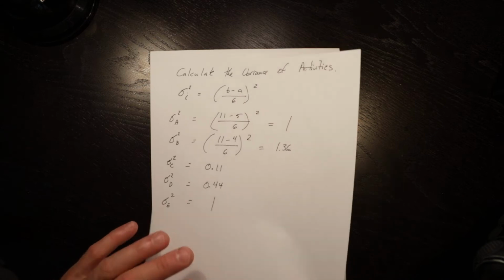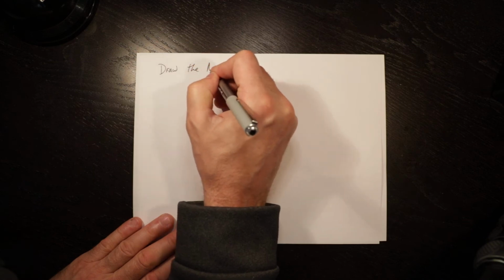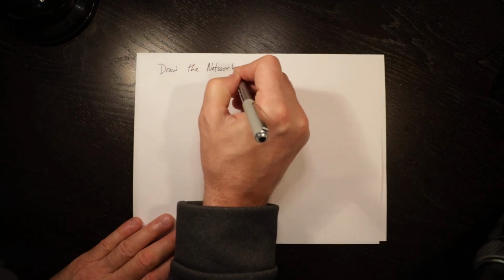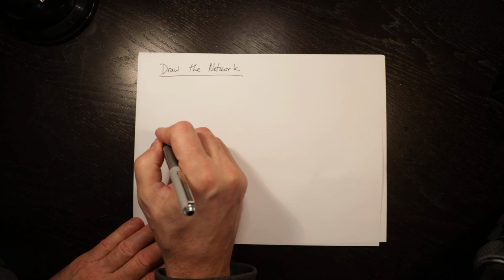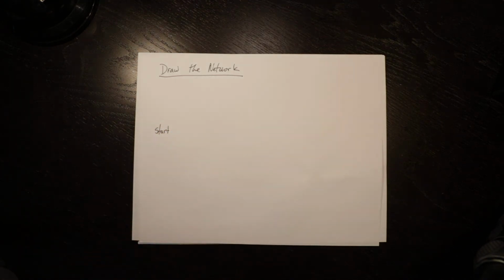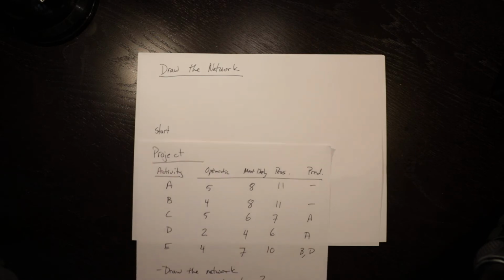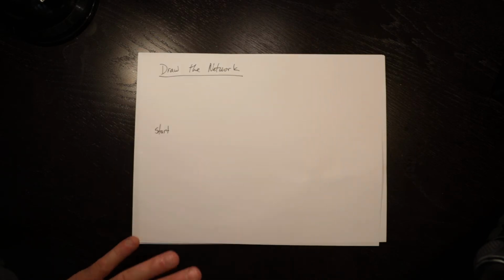So, the next step will be to draw the project network. So now we're going to draw the network. Start with a start node. A has no predecessors.